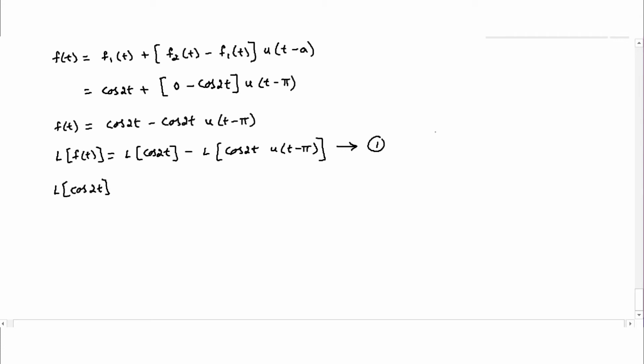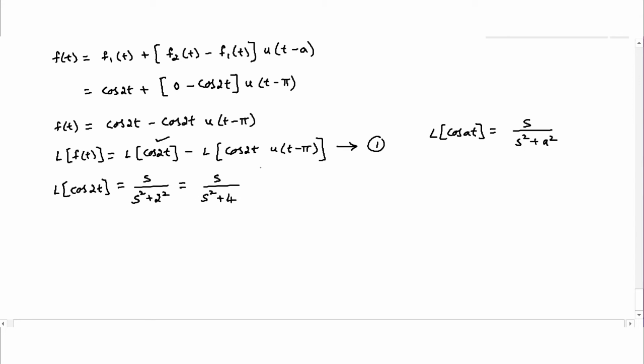We know the basic formula of Laplace transform of cos at is s by s square plus a square. So if I try to rewrite over here, it is s by s square plus a, in this case 2, so 2 square. So you will be getting the value to be s by s square plus 4. So we have got the cos 2t Laplace transform, first term.